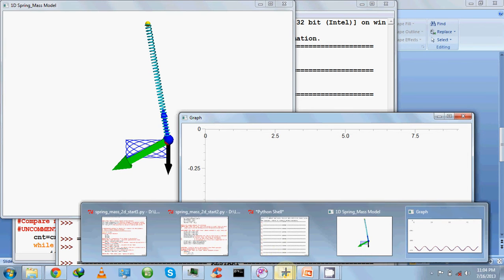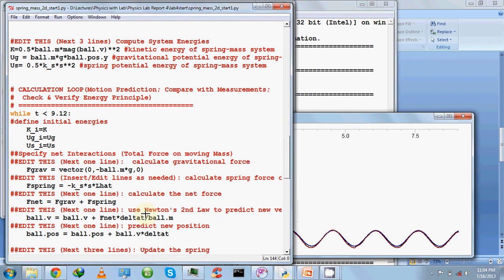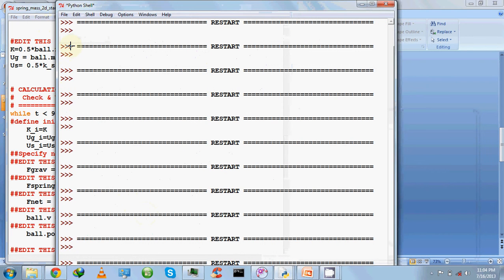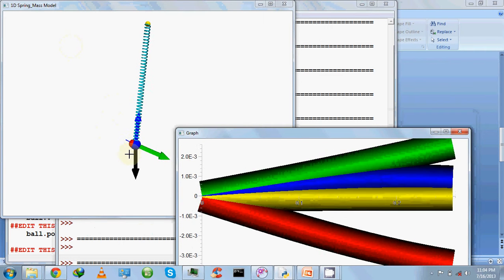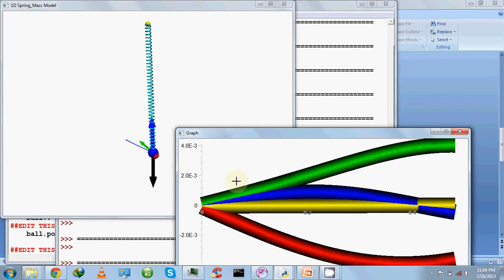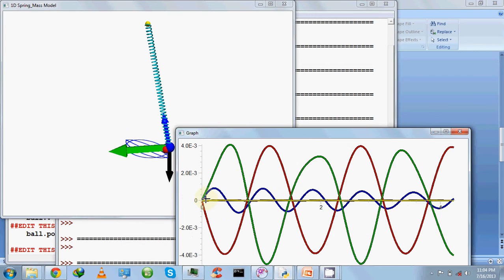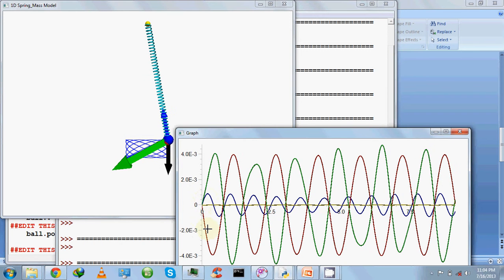So this video remains the same. However, in this graph we are going to plot energies instead of the displacement now. Here we can see that the red color represents the gravitational energy, which is constant in magnitude and its oscillation throughout because the net force, gravitational force, remains constant.